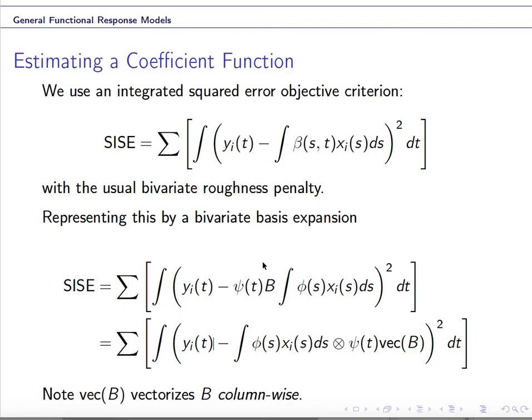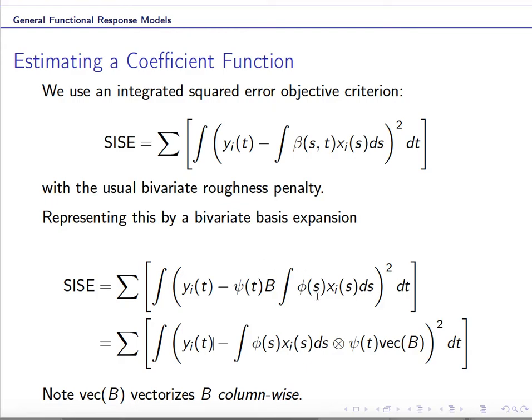We have learned how to estimate these bivariate functions: we represent them as a linear combination of bivariate basis functions. To construct these bivariate basis functions, we use the tensor product of two one-dimensional basis functions.